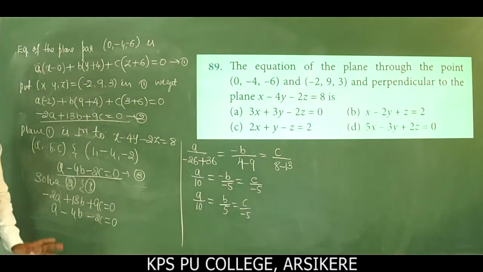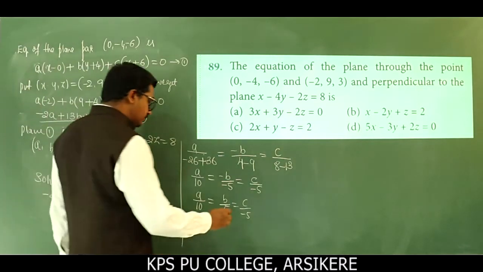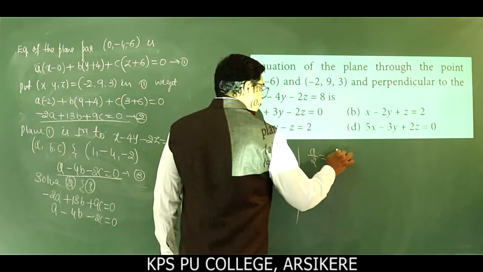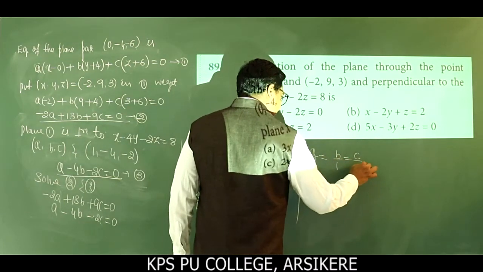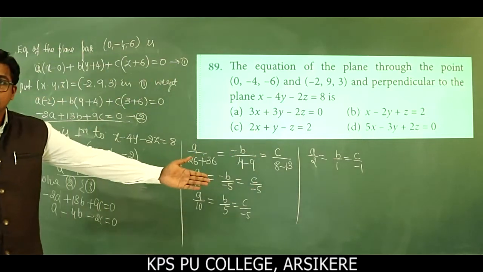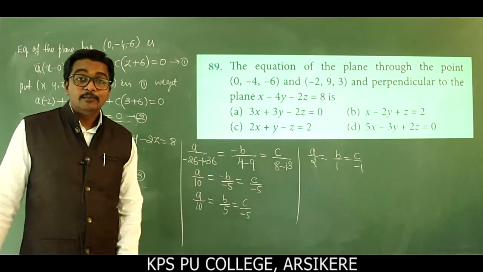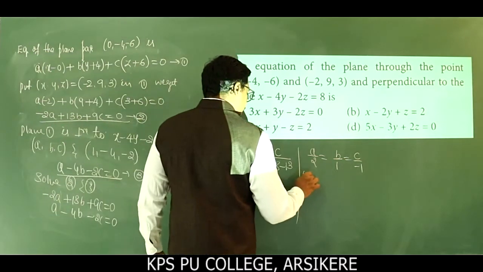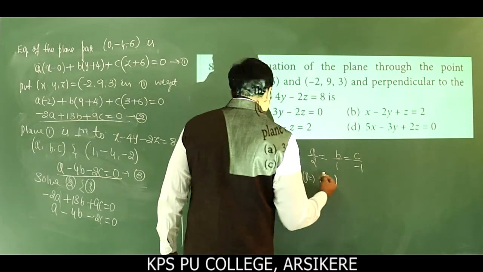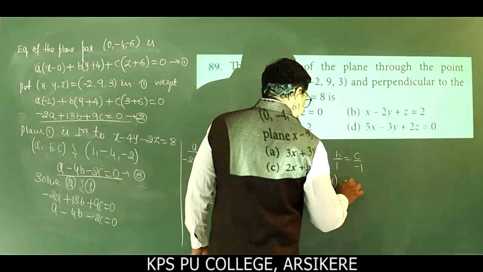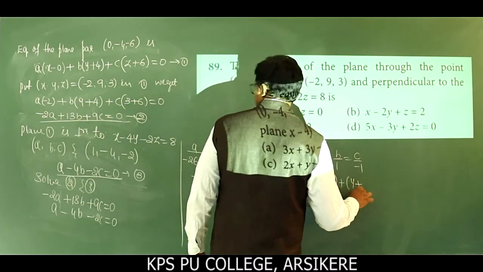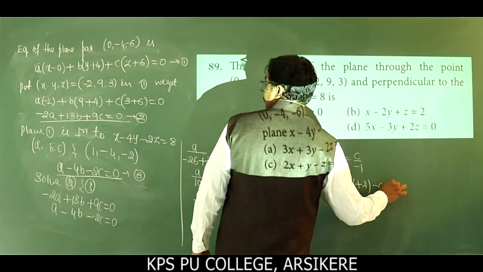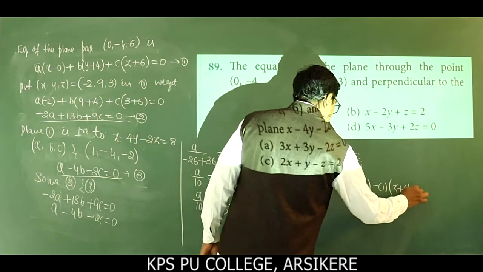If I multiply by 5, we are left with a by 2 is equal to b by 1 is equal to c divided by minus 1. So a is 2, b is 1 and c is minus 1. Substituting in equation 1, it becomes 2 into x, plus y plus 4, minus 1 into z plus 6 is equal to 0.